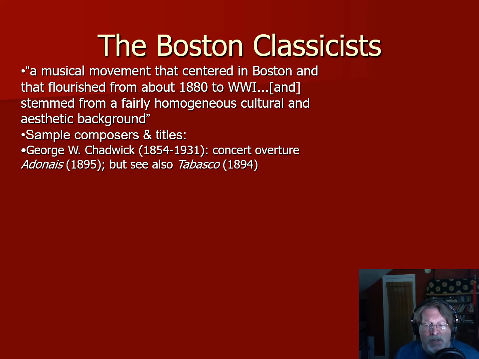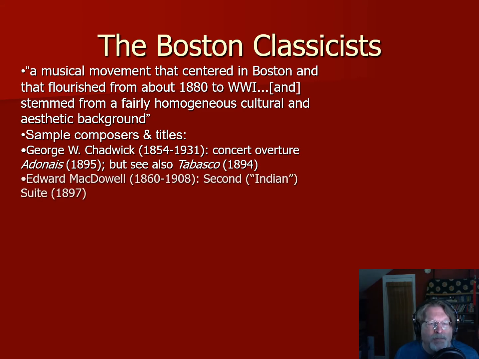So Tabasco is almost a pageant of contrasted ethnic portrayals in both stage personae and also in terms of the music styles. So Chadwick has this other side, although he is very much an aspirational symphonic composer with Adonais from 1895. From 1894, the burlesque operetta called Tabasco is well worth your investigation.